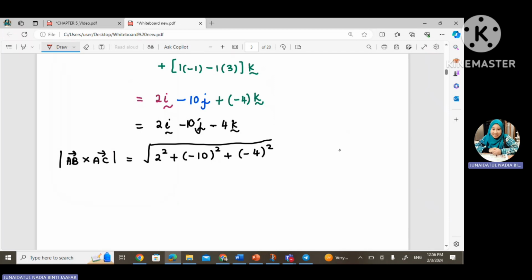Remember the formula of magnitude is the square root of x squared plus y squared plus z squared. So we simplify: the magnitude of AB cross AC is the square root of 120.